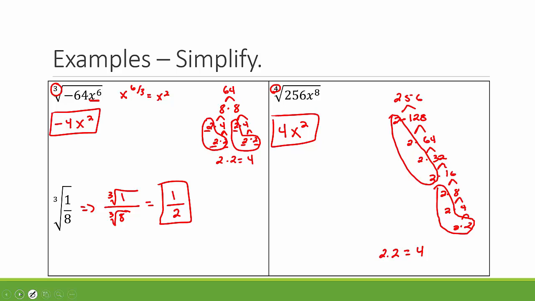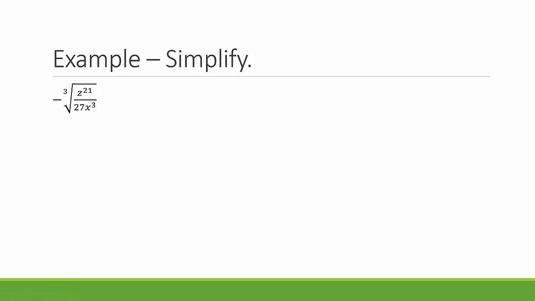Okay, let's look at one more example. Negative cube root of z to the 21st over 27x to the 3rd. So let's keep the negative on the outside there.